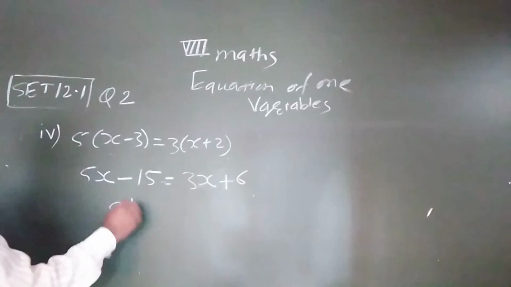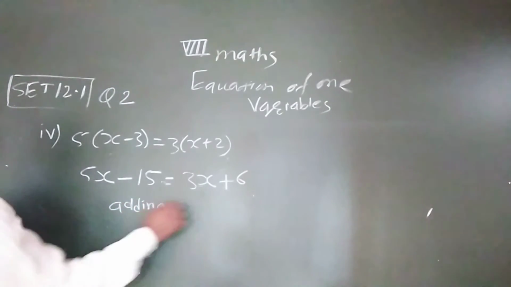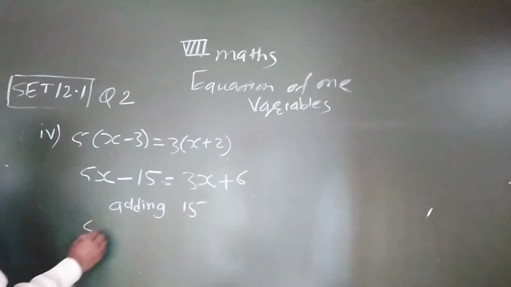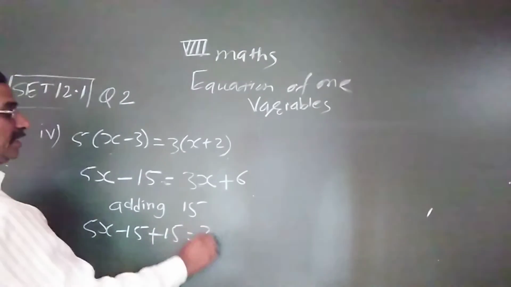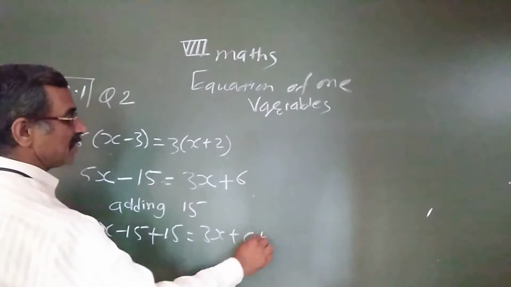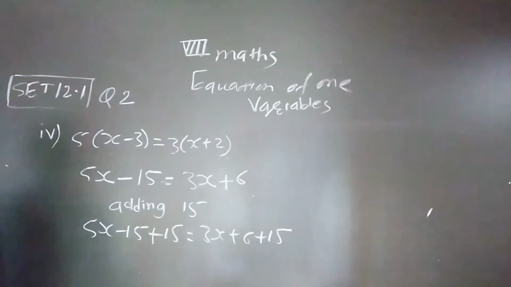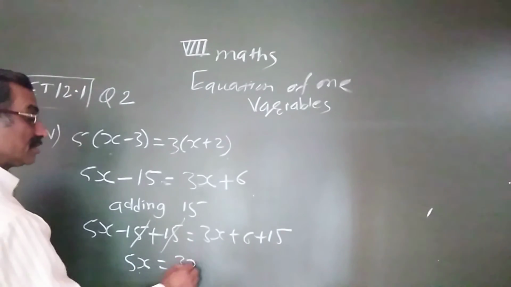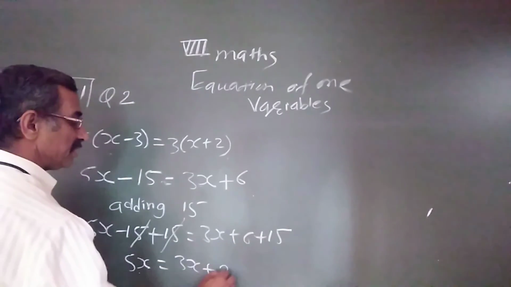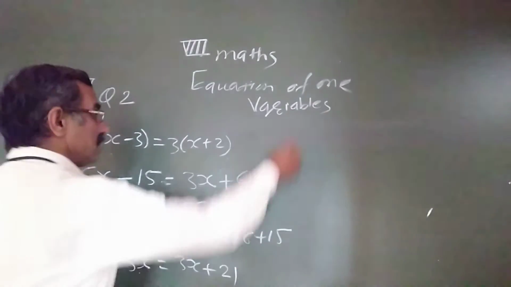Then we are adding plus 15 on both sides. Therefore 5x minus 15 plus 15, 3x plus 6 plus 15. Minus 15 plus 15 gone. So 5x is equal to 3x plus 21, this is 21.